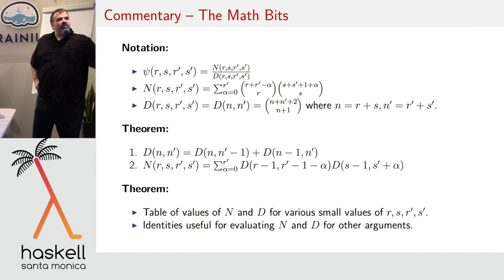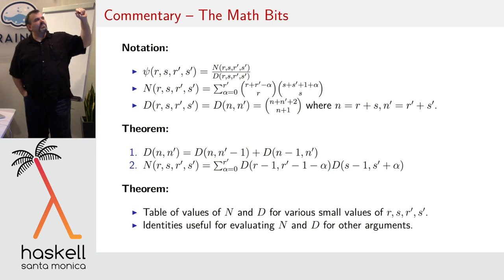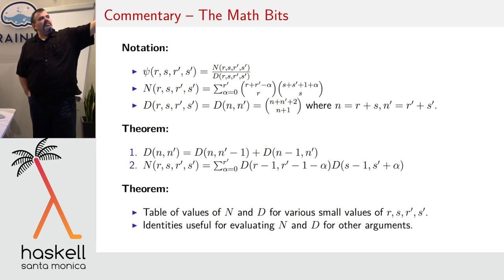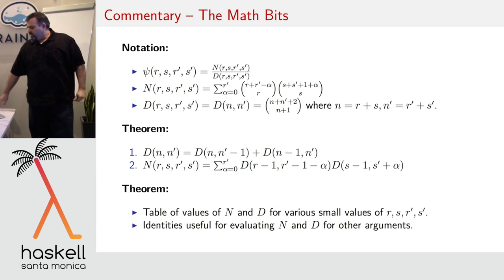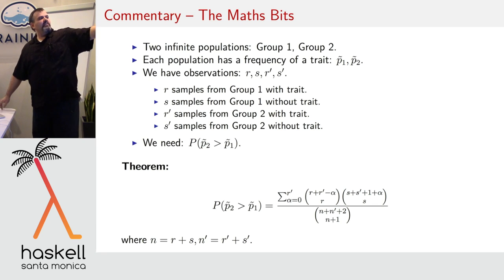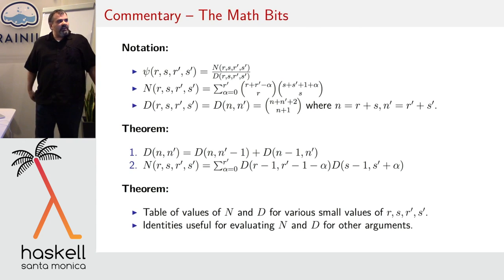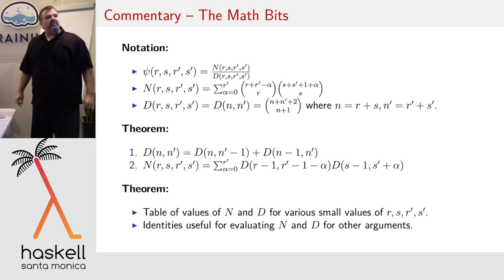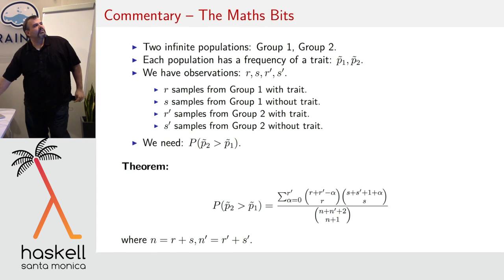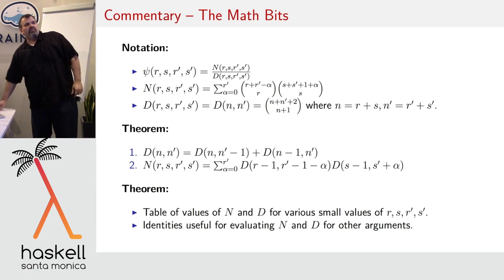So now we're going to define some convenience notation. We're going to define this function psi, this function n, and this function d. And they have the same type of arguments that our experiment has. Let's see. N is exactly the numerator there, so probably n stands for numerator, I guess.